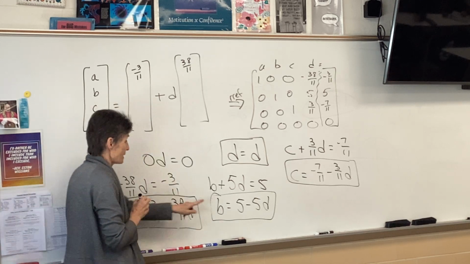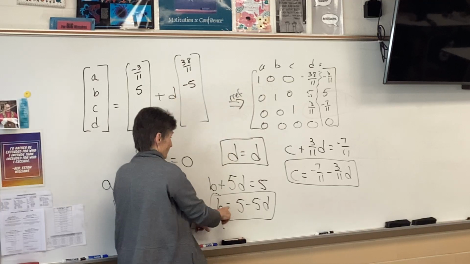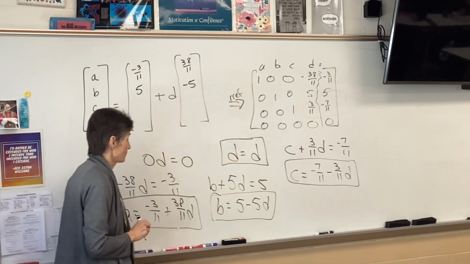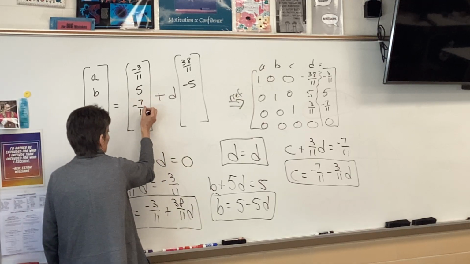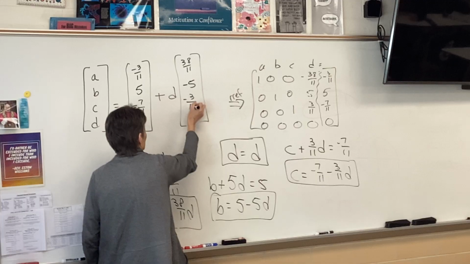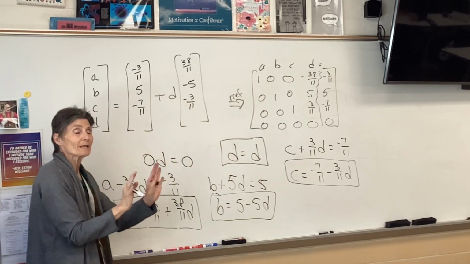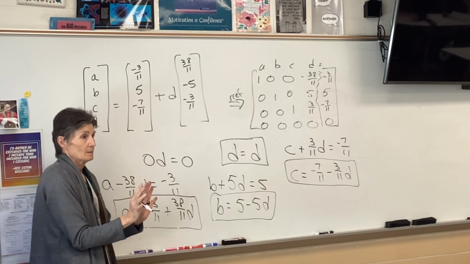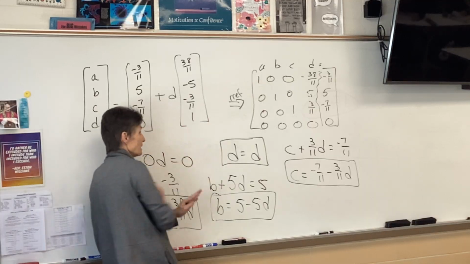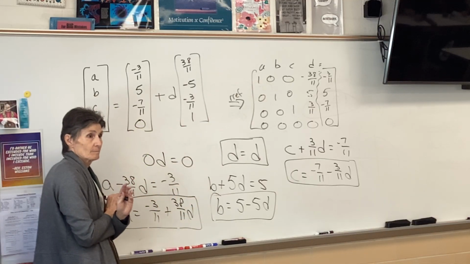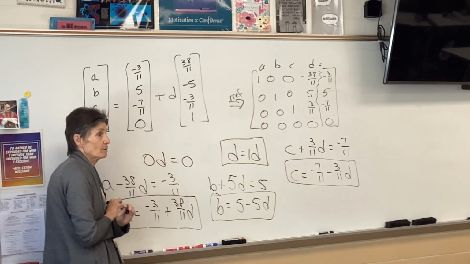All right, what's B? 5 and minus 5? What's C? And then D, don't let it be tricky. 311. There's no number, but there's one D. Okay, one D. No number.